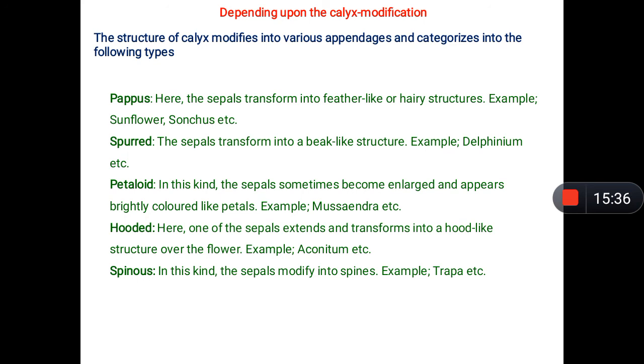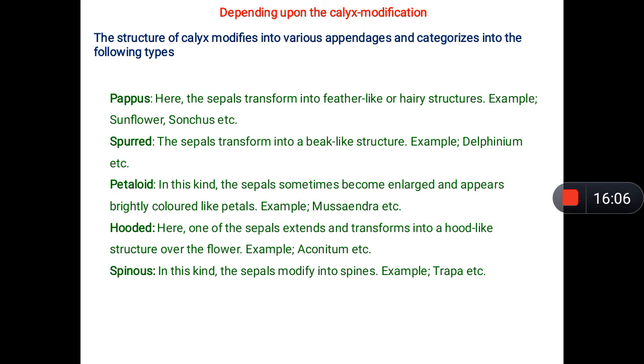Whereas in some cases the sepals transform into a beak-like structure, that is in delphinium. Then it is called as spurred. In some cases the sepals become enlarged and appear brightly colored like petals. So they are called as petaloid. The best example is Mussaenda, or we commonly call it as Shravda.